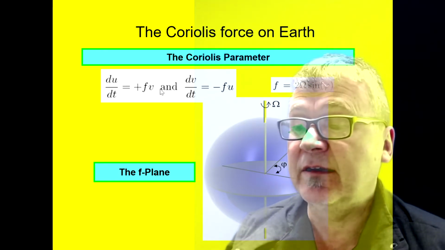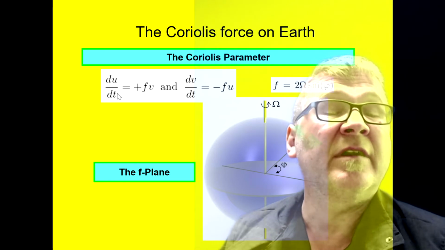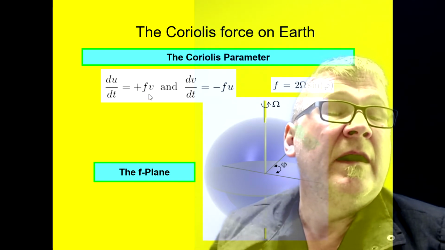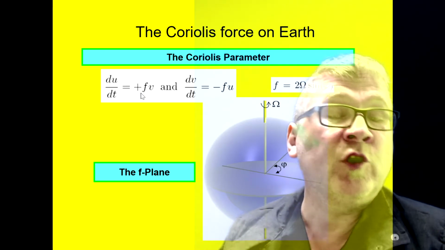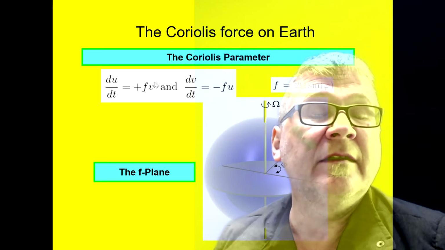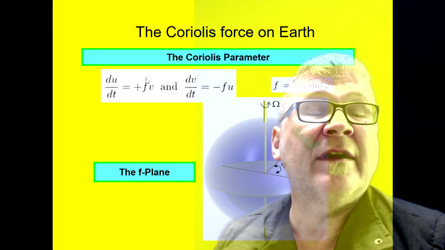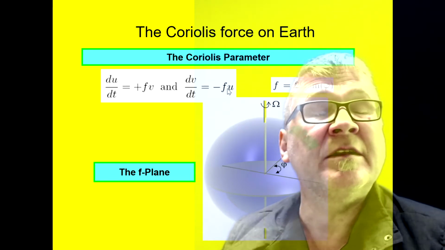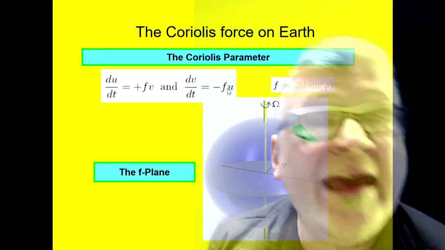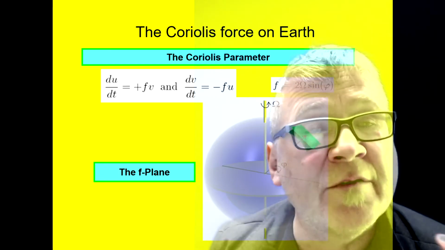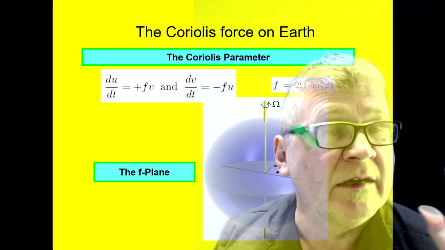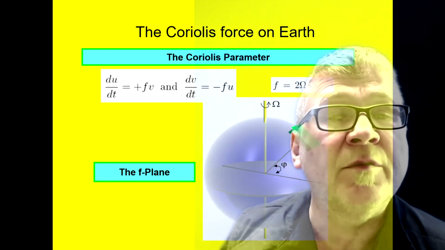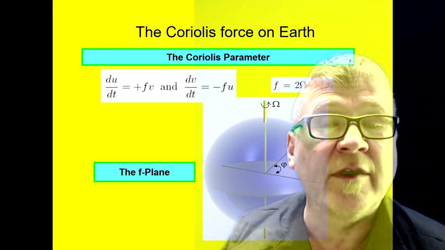In the equation for U you have a V on the right hand side, and in the equation for V you have a U, and a plus and a minus. If you analyze this, it's the same feature: you have a force which is at 90 degrees with respect to the flow direction.